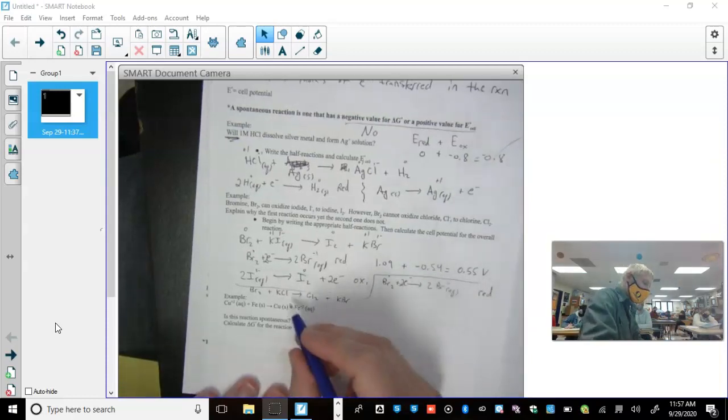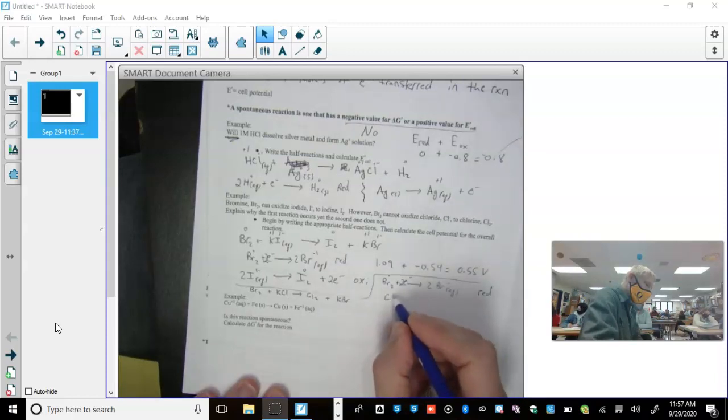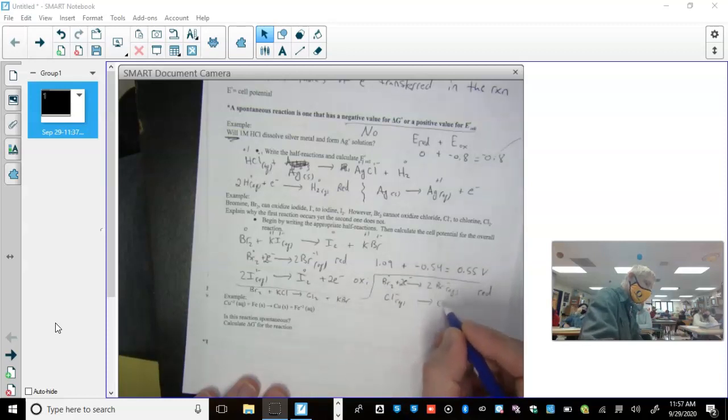Okay. Next one, we've got chlorine. Say we got Cl minus, aqueous, form Cl2, 0 charge. And this is oxidation because we're going negative to a higher number, so we're losing electrons.